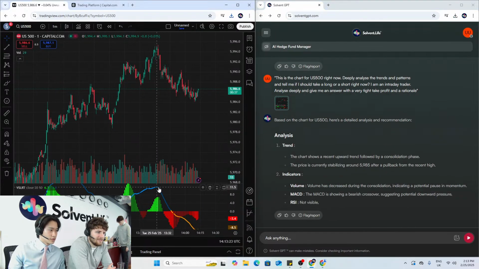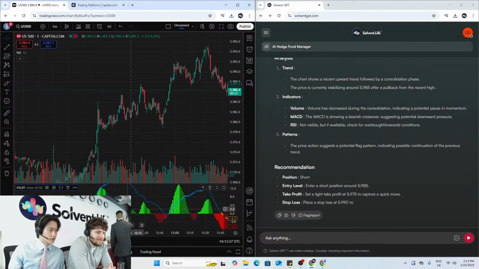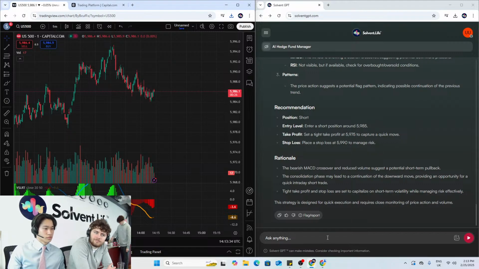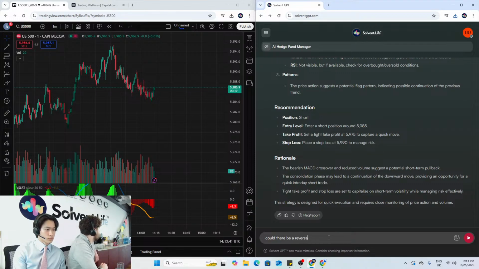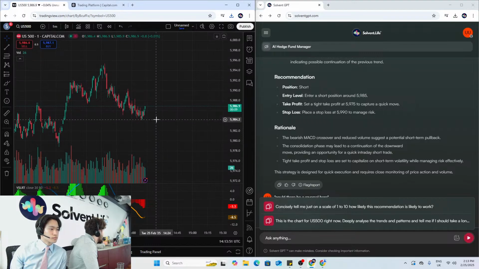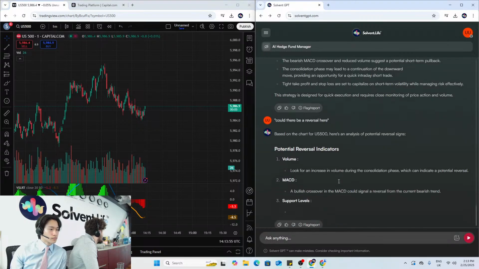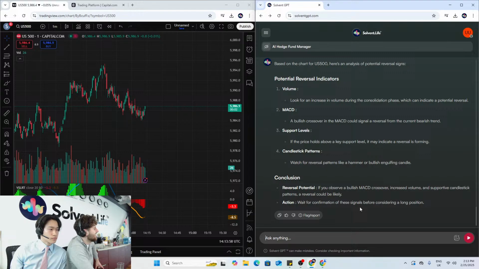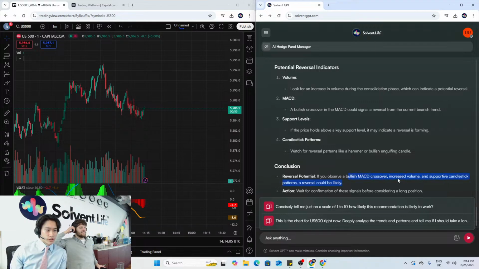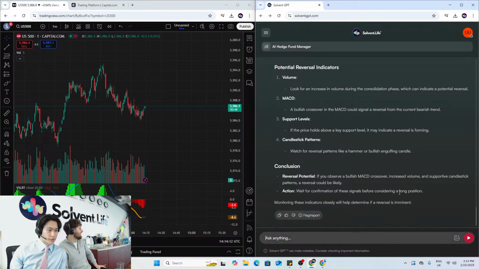Essentially, short. If we observe a bullish MACD crossover, increased volume, and supportive candlestick patterns, a reversal could be likely. Wait for confirmation of these signals before considering a long position.